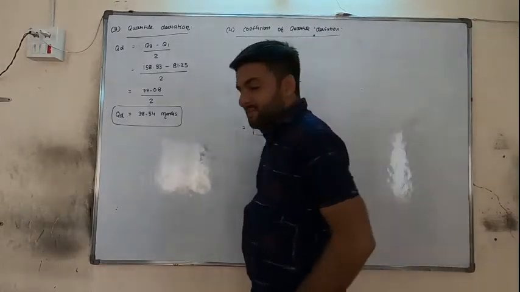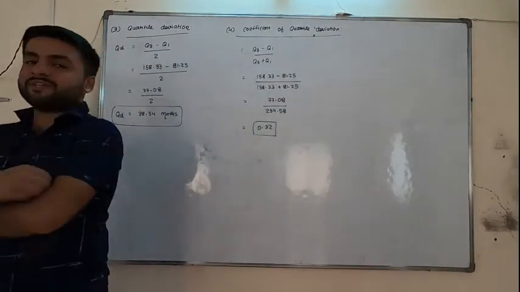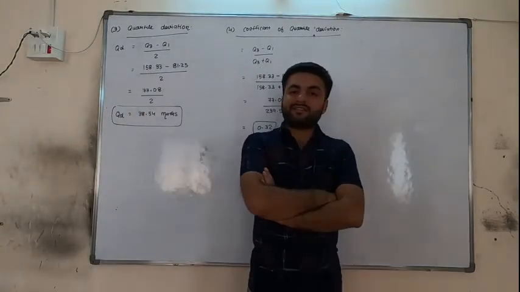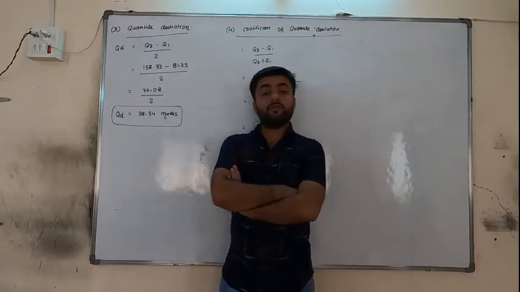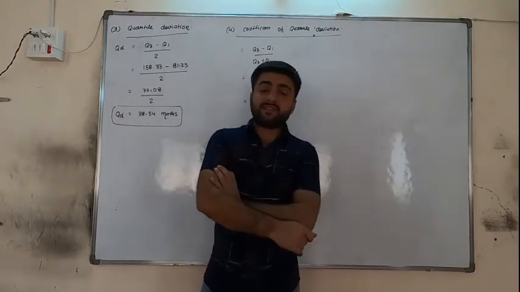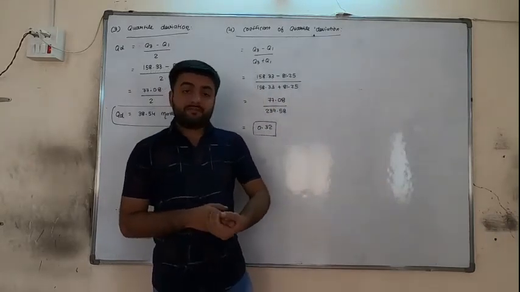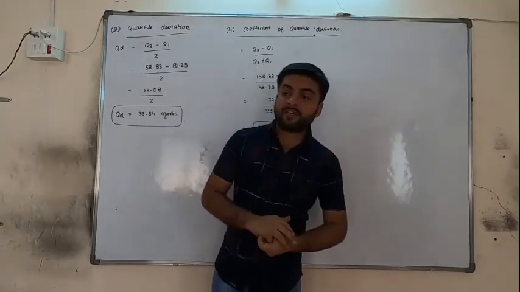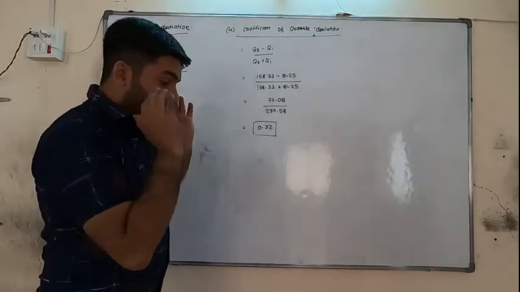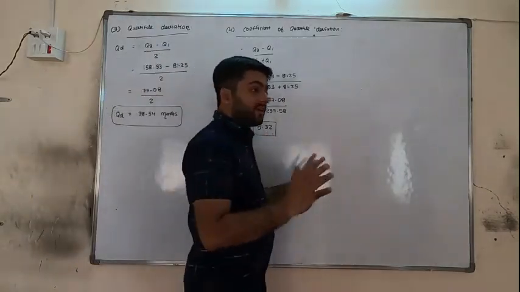So friends, I think today we have completed this exercise very quickly, and the reason is simple. If you know the first and third quartile formulas and you know how to find them, then you will do it very easily. This speed is required in the exam also. If you think that your accountancy and statistics papers should be completed, this speed is required. The formulas should be directly stuck in your mind.